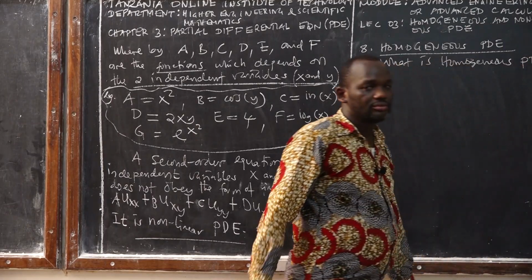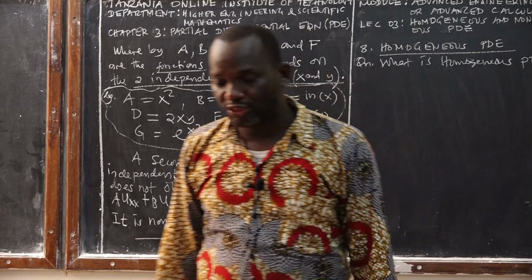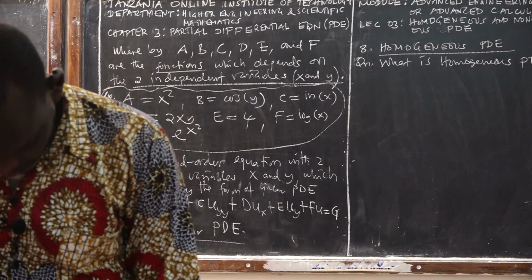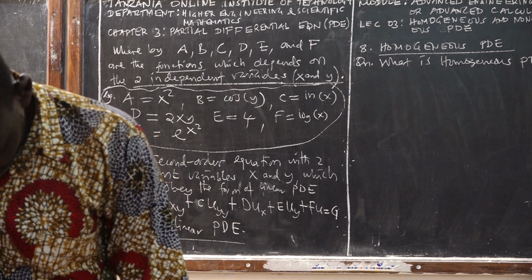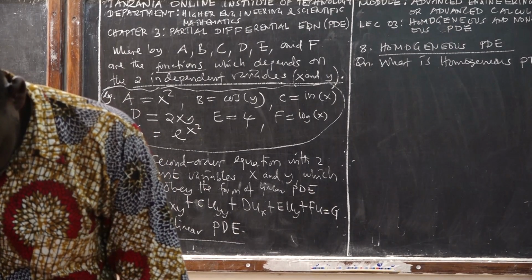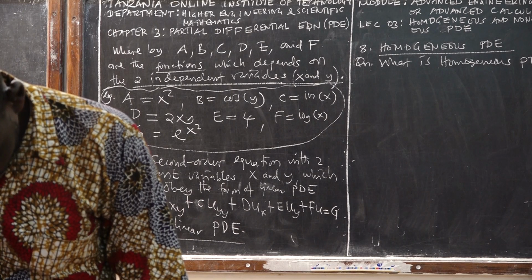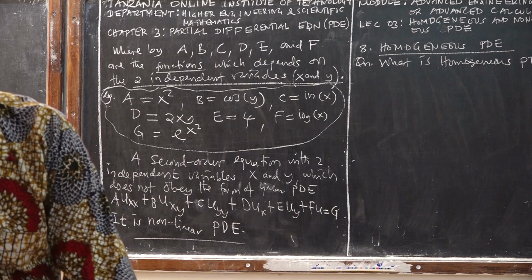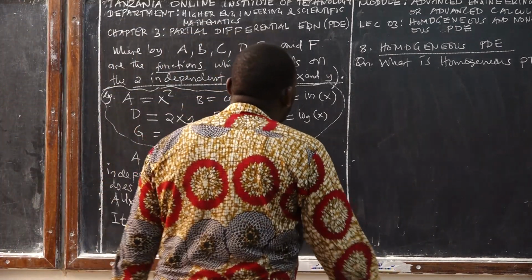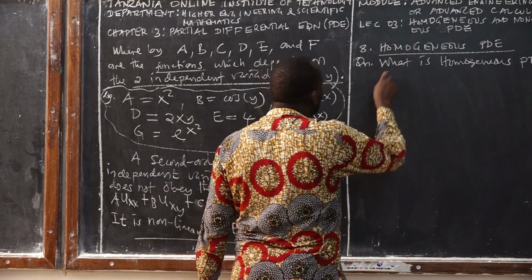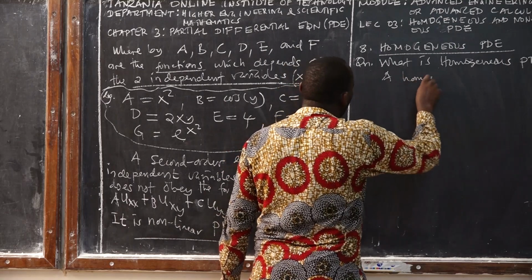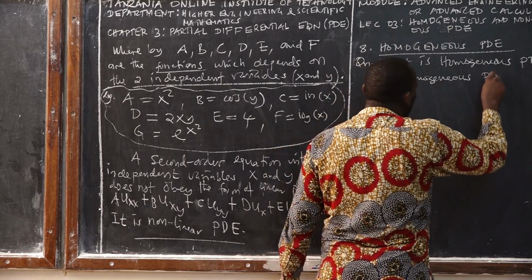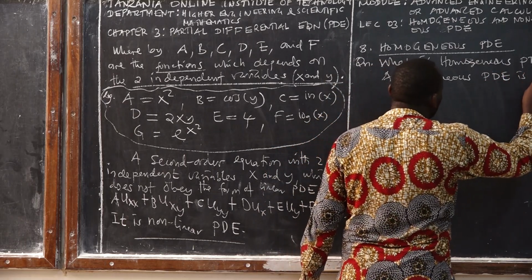So homogeneous partial differential equation is an equation, so we say that a homogeneous, class A homogeneous.